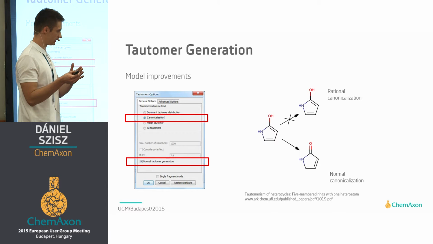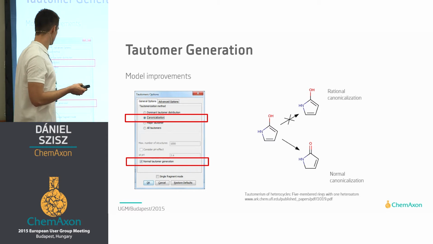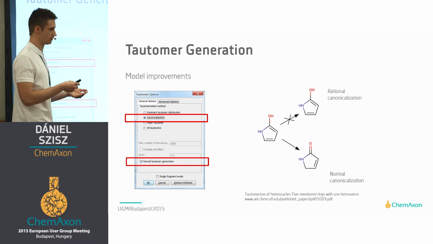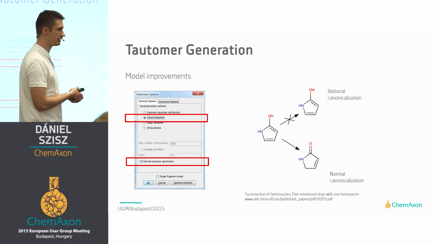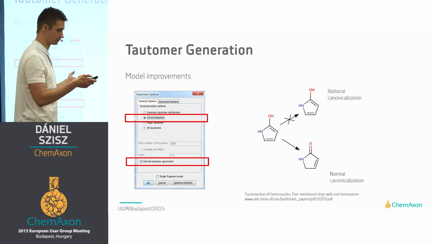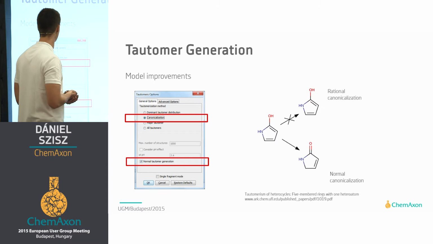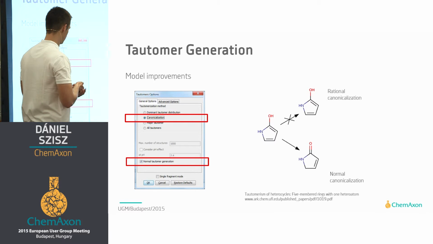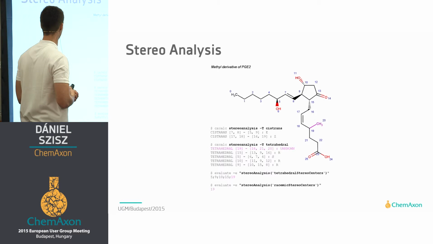And now we separated it completely from the so-called normal tautomer generation, which gives back the chemically meaningful tautomers. So now these two options are totally separated in the plugin. And here is also an example of the previous and the current behavior for this example molecule.